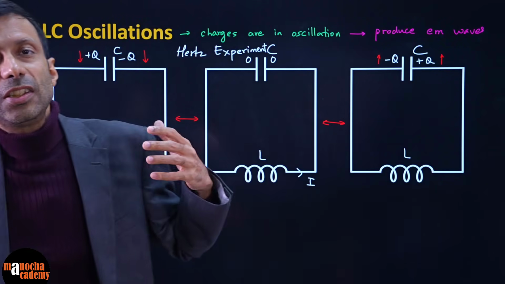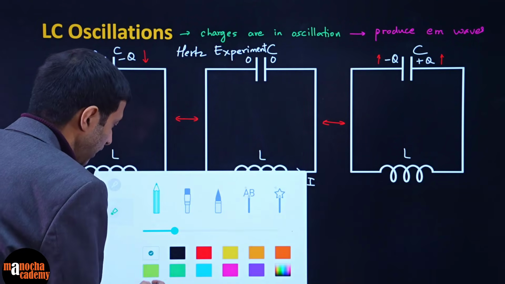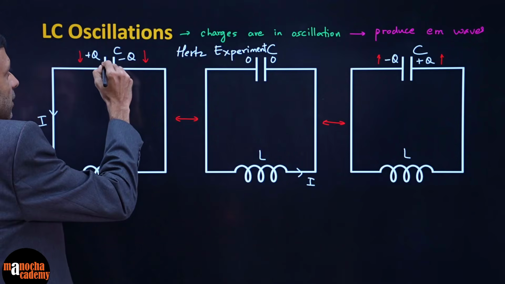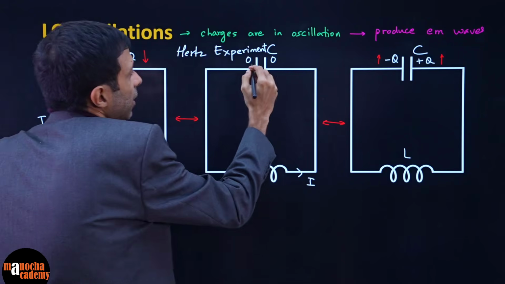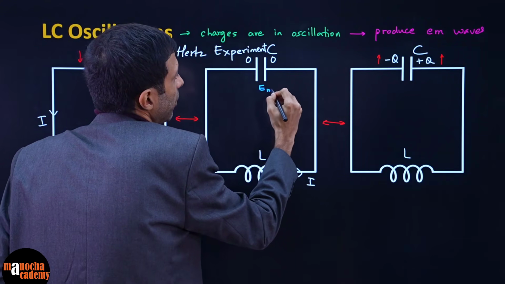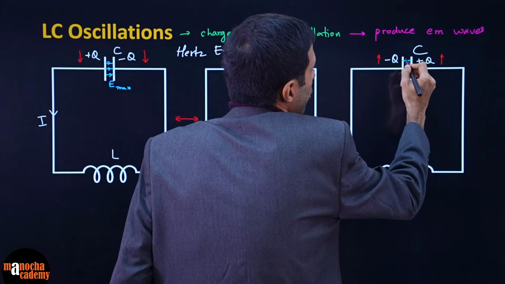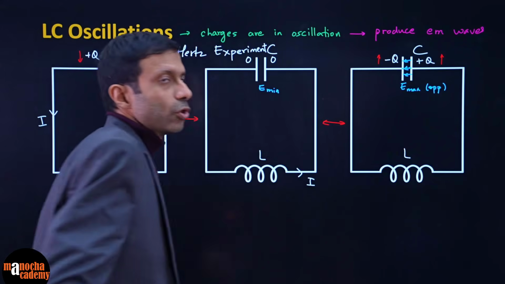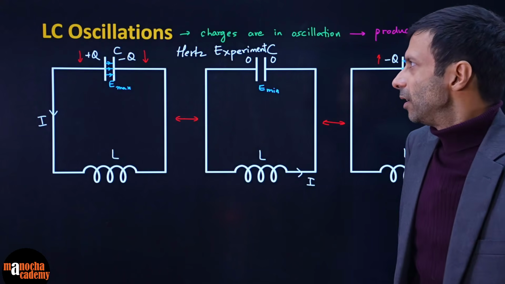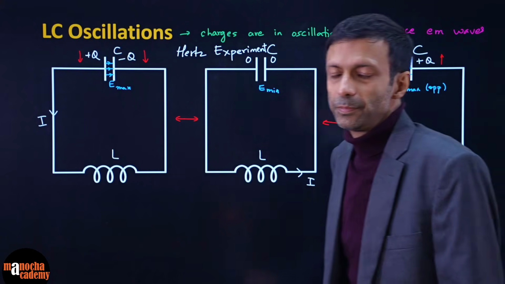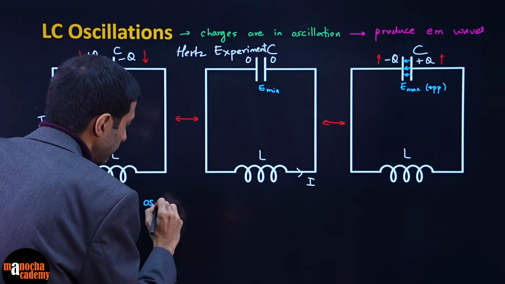So when this charge is oscillating, right? When the charges are oscillating, do you guys agree that here the electric field will be the strongest? The electric field here will be maximum. Then here the electric field is weakest, minimum or zero. Then here the electric field is maximum, but now in the opposite direction. So can you see that there is an oscillation in the electric field? Yes or no? There is an oscillation in the electric field. So definitely we are getting an oscillating electric field.